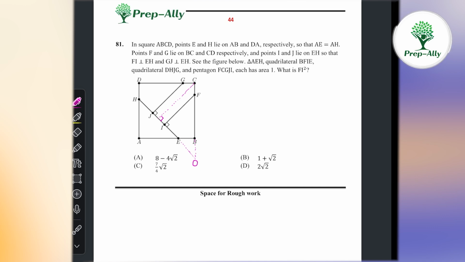So the area of the square is the sum of areas of all these regions. So area of the square equals 4, right?